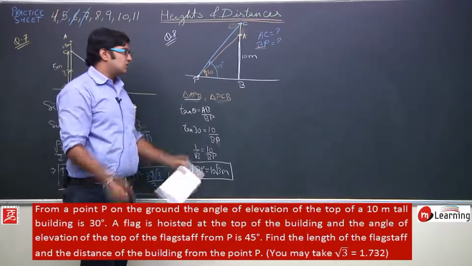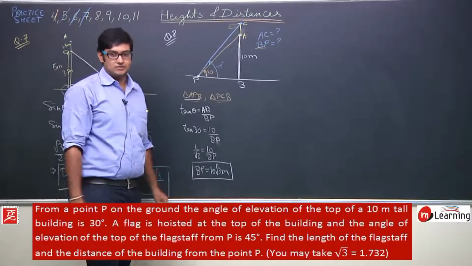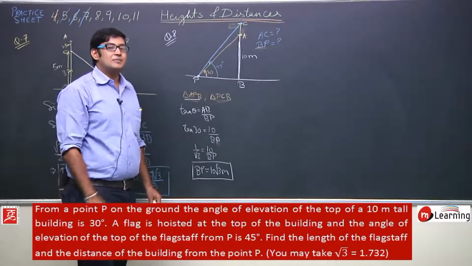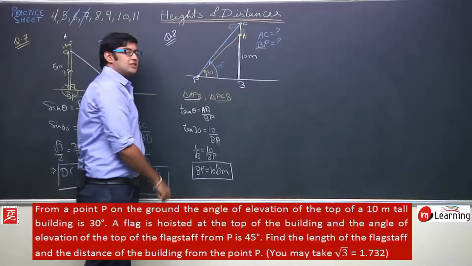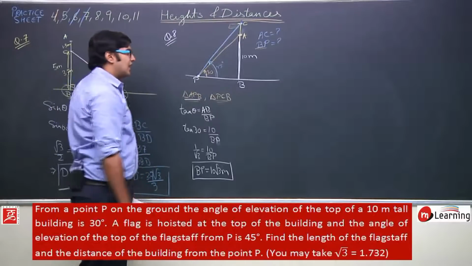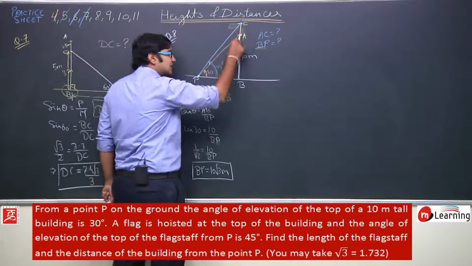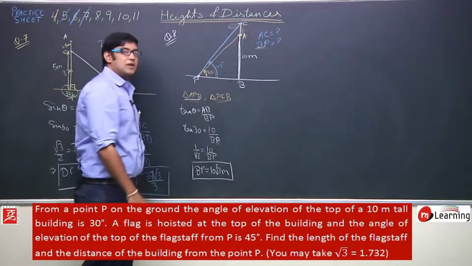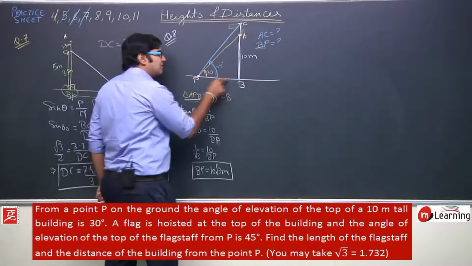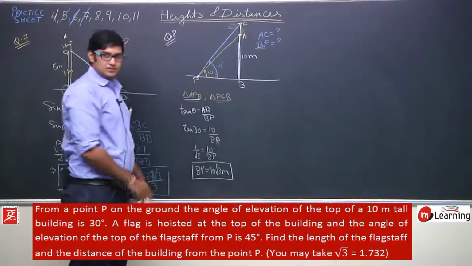Okay. Now observe the bigger triangle PBC, or PCB. In PCB, with respect to this 45 degree angle, I can see this BC acts as the perpendicular and this PB acts as the base.